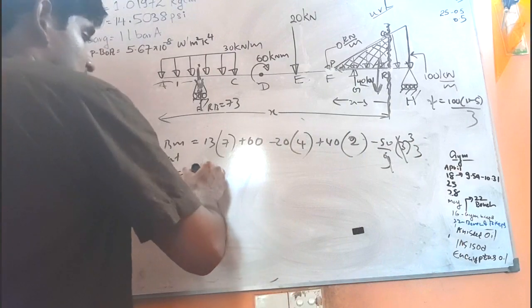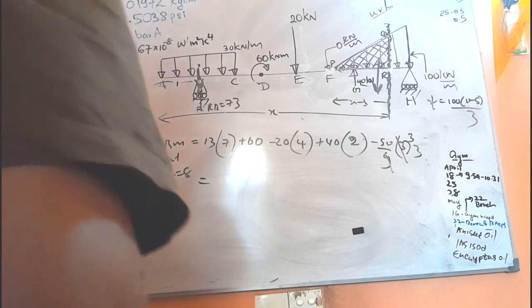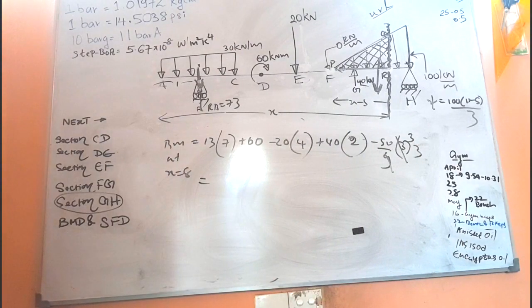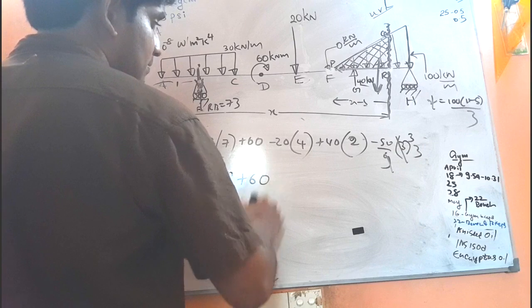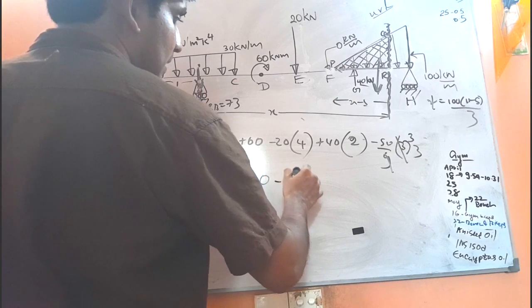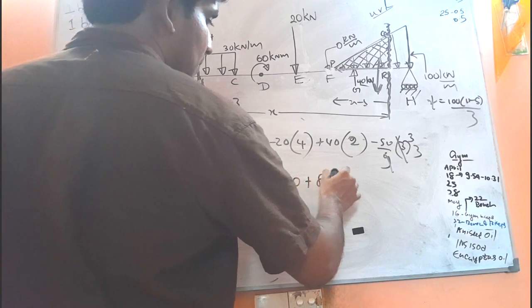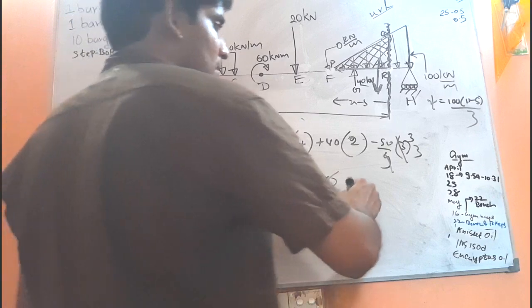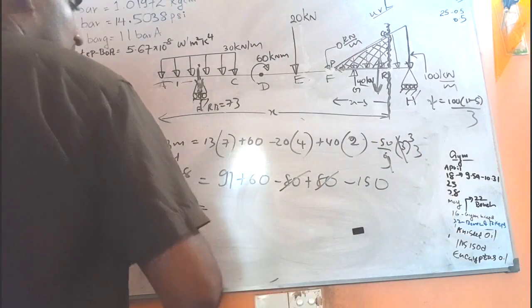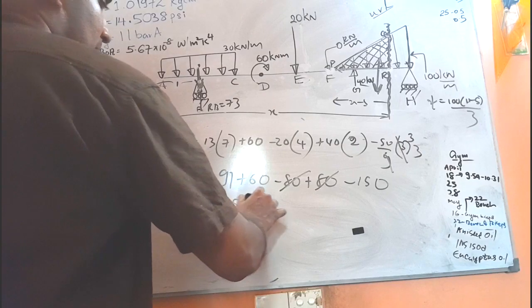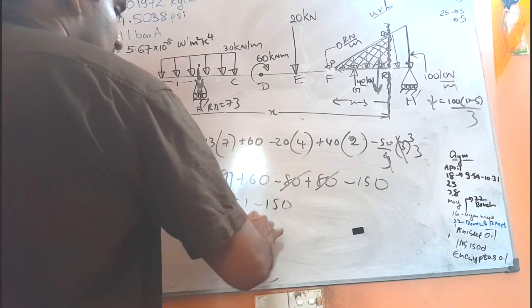So 13 into 7, what is 13 into 7? 91. 91 here. Then 60 minus 80 plus 80 cancel. Minus 150. What is the answer? 151 minus 150. The answer is 1 kilonewton meter.